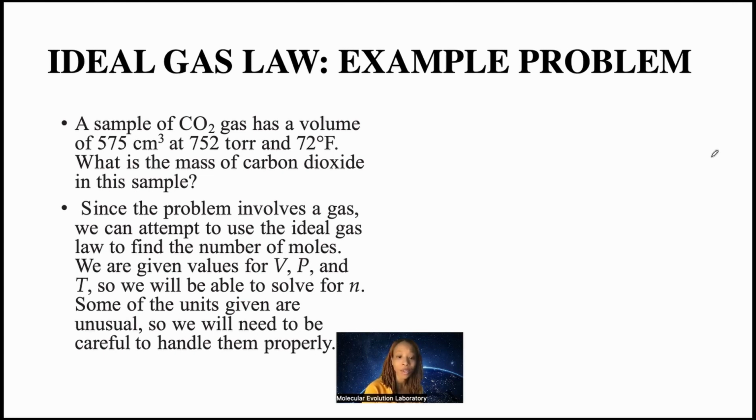We're given values for volume, which is 575 cubic meter. We're given values for pressure in torr, which is 752 torr, and we're given temperature in Fahrenheit, which we'll have to convert to Kelvin. So we will have to solve for N, which is the number of moles of carbon dioxide. So let's start with volume.